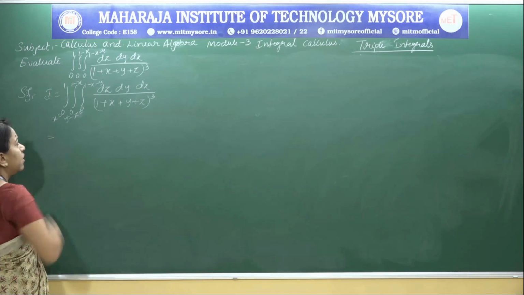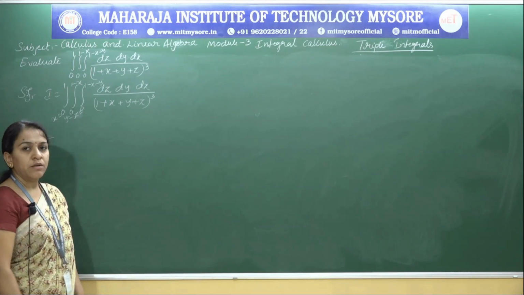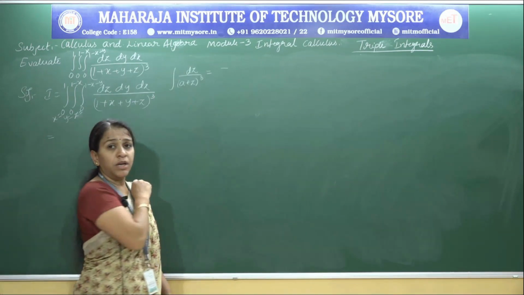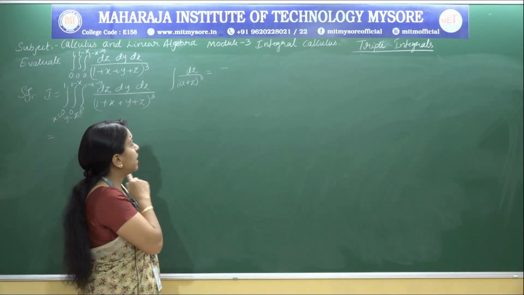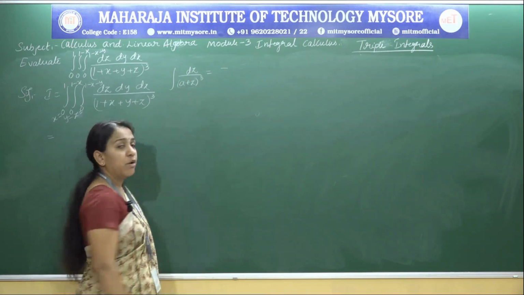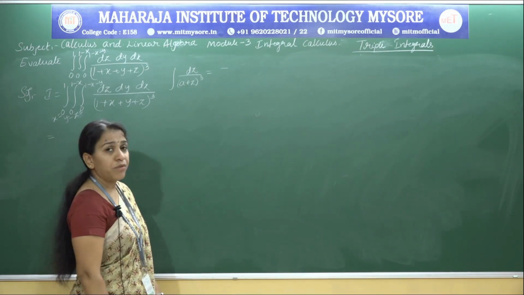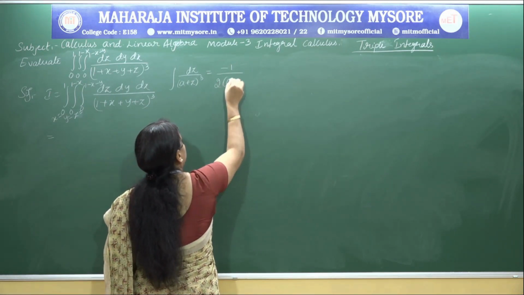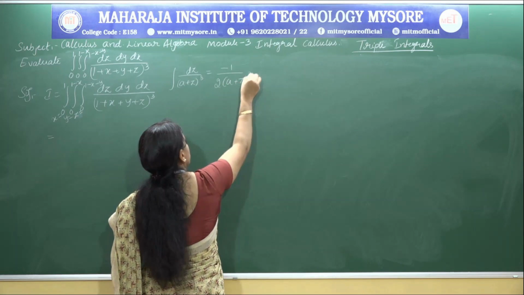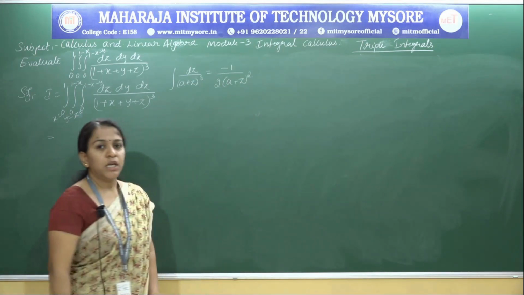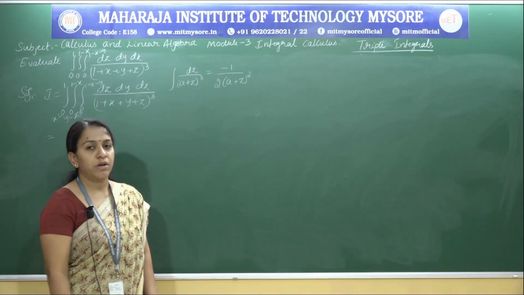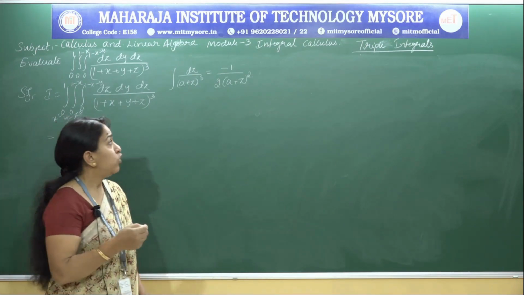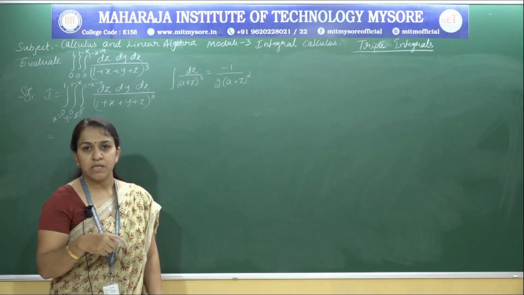Now keeping our x and y constant, we should integrate with respect to z. So the given is reduced to this form, that is dz by some constant a plus z whole cube. So integral of that is nothing but minus 1 by 2 times of a plus z whole square, because we know integral of z power n is nothing but z to the power of n plus 1 by n plus 1.